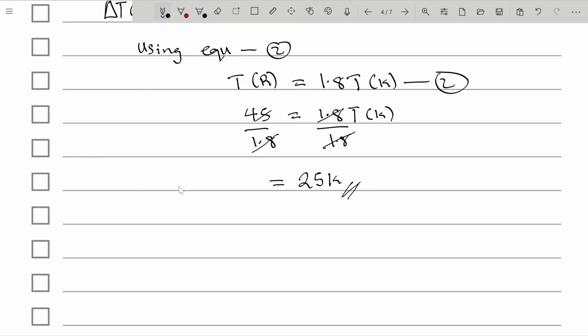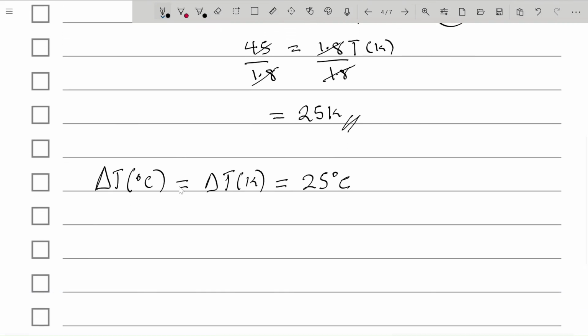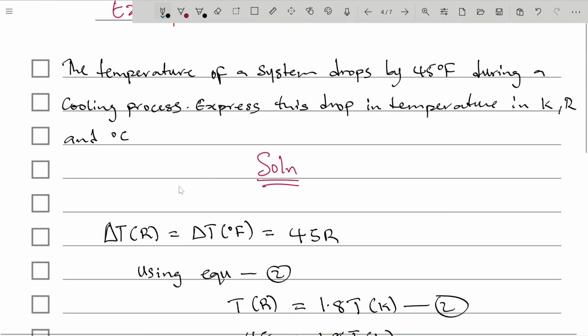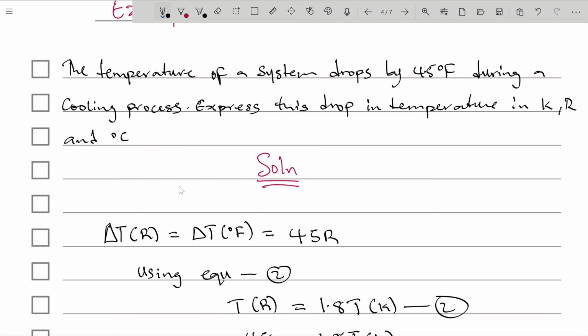So therefore, the change in degree Celsius is equal to change in degree Kelvin, which is equal to 25 degree Celsius. Guys, this is because of the system drop. This is because there is a drop in the system during the cooling process.